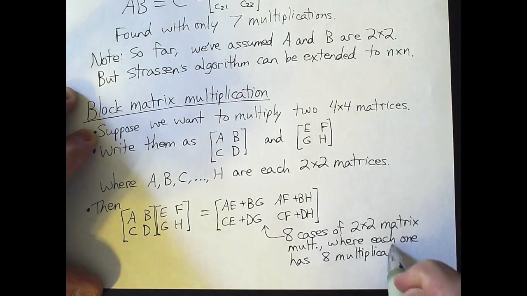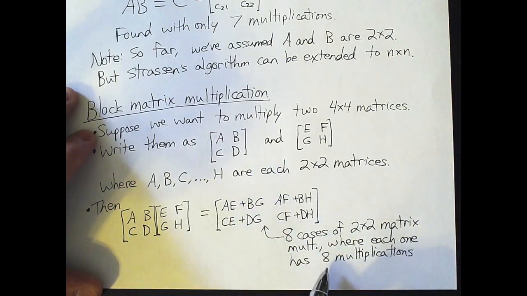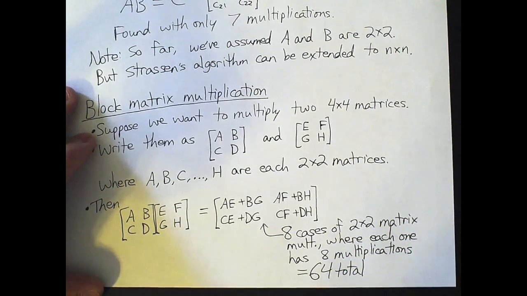If we're using the standard definition, the standard method to multiply A times E, like we did earlier, there's 8 multiplications and 4 additions. So there's 64 total multiplications of real numbers.